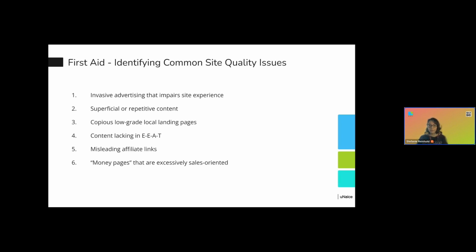So that Google as a search engine can see, okay, this is a website that has a lot of good information and is not just a lot of landing pages loosely threaded together to look like a website.